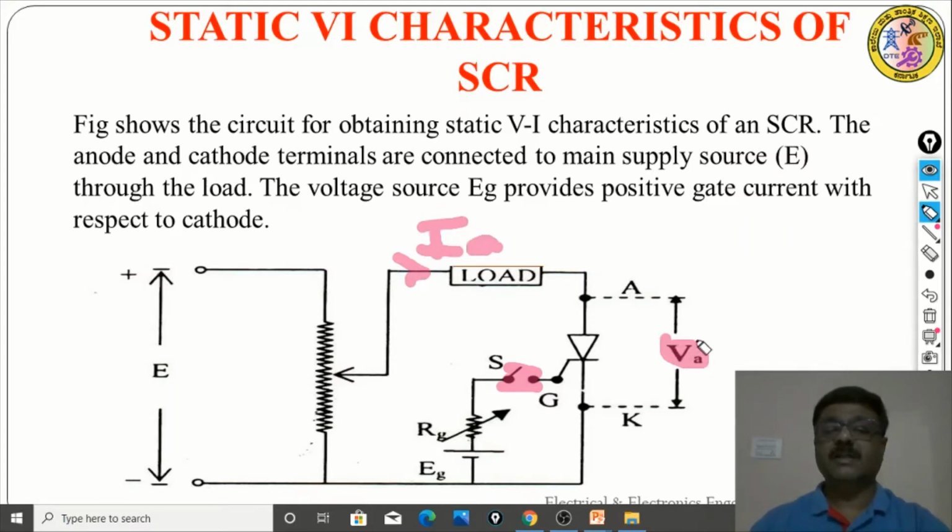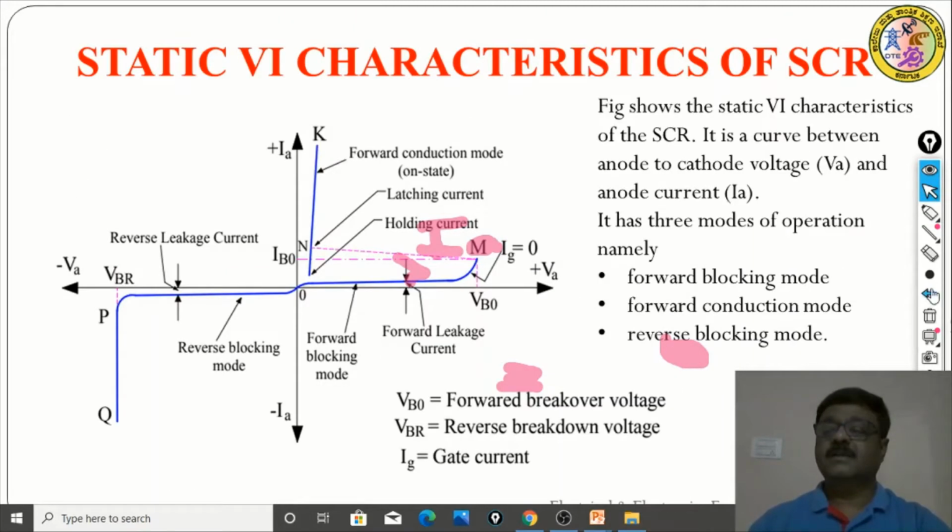So we are plotting VA versus IA in forward blocking mode. When the gate current is 0, this part of the curve indicates the forward blocking mode.